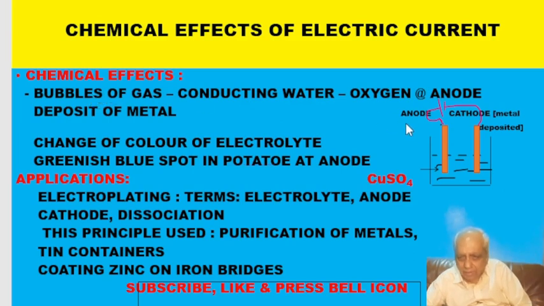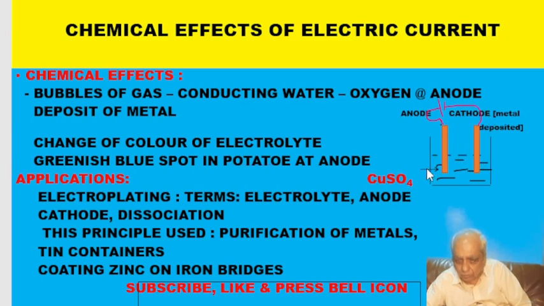Then I explained to you, if we take two electrodes made up of graphite or carbon, graphite is a type of carbon, and one is connected to positive, the other is connected to negative. The electrode connected towards positive is called anode, and the electrode connected to negative is called cathode.